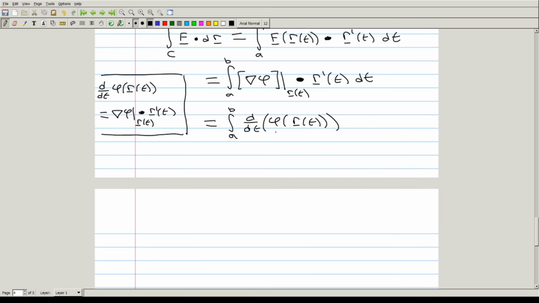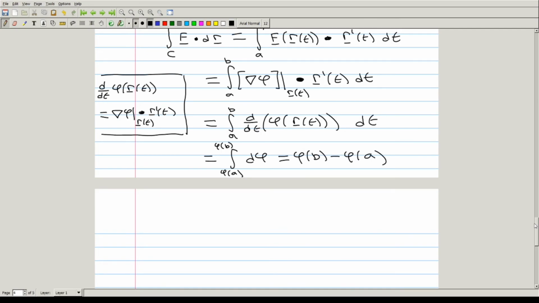And it's the integral of this derivative with respect to time, which is the same thing as the integral from the potential at A to the potential at B of d phi. This is what happens when you make the change of variables here. So this just becomes the difference phi of B minus phi of A.